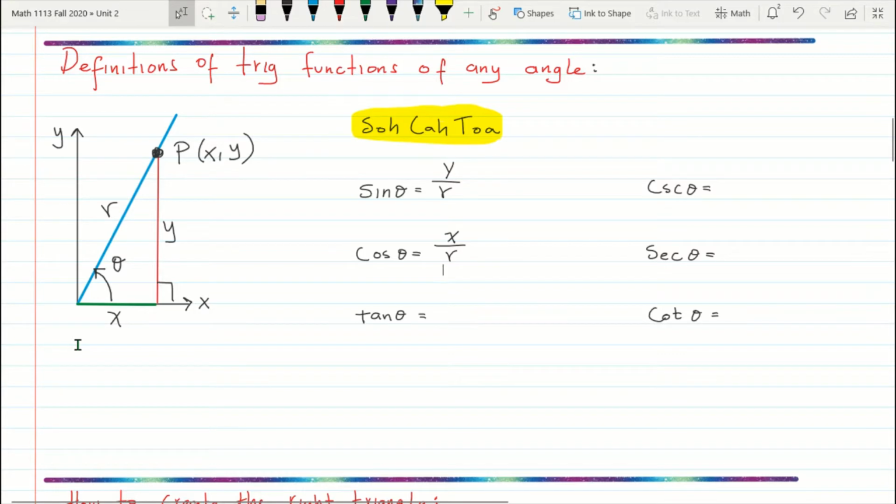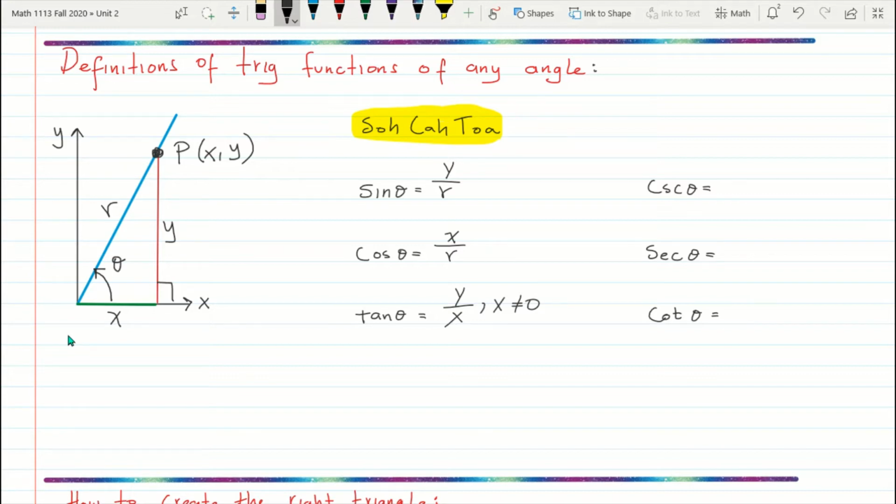Tangent is opposite over adjacent, so y over x, given that x is not 0. This is just a precaution, because in mathematics you cannot divide by 0. Otherwise it would be undefined, and that is okay as well. We know it's undefined.